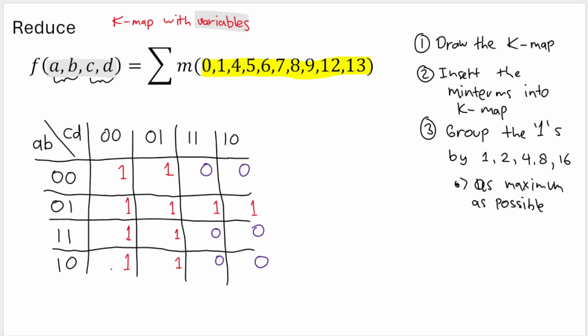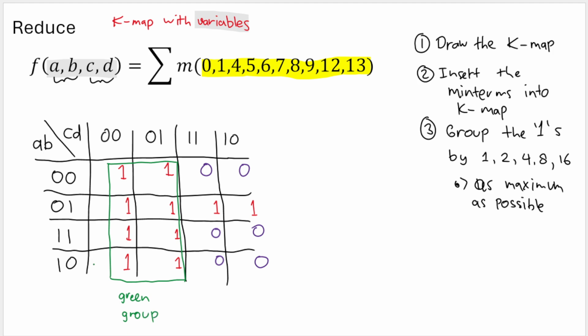So we have this 8 here, this one 8 here, so we can group it together as group of 8. So this one, and then this one. So we will have group of 8 here. Okay, let's call it the green group here.